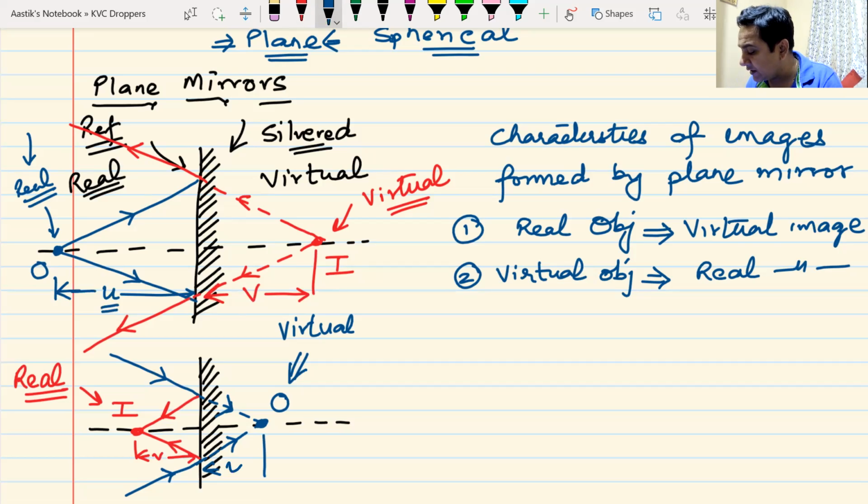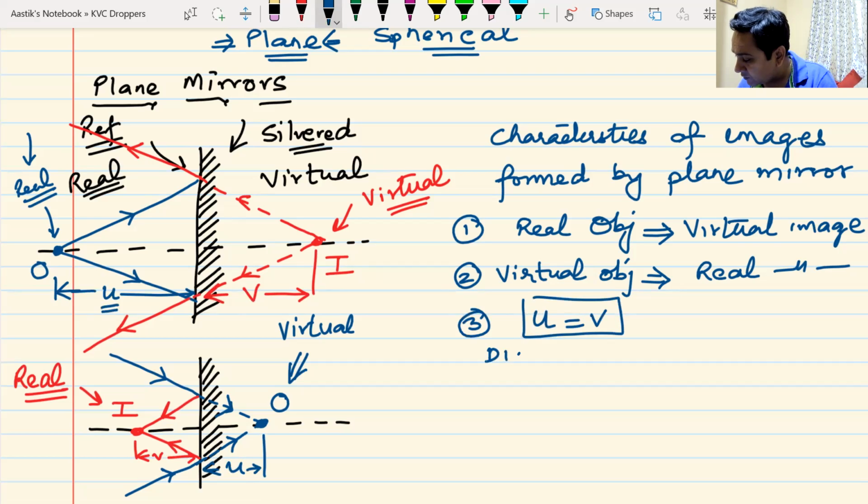Here, this distance is v and this distance is u. Do we understand this? u is equal to v numerically. That means the distance of the object from the mirror is the same as the distance of the image from the mirror.